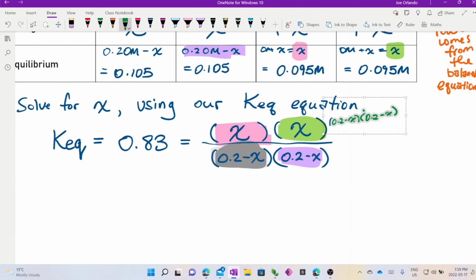I want to do that in a different color so it's obvious where that comes from. Maybe I'll do it in green. And what I do to one side, I have to do to the other, 0.2 minus x and 0.2 minus x. And that means that will cancel with that will cancel with that. What will the next line of my algebra be?